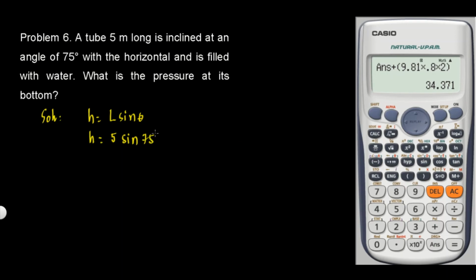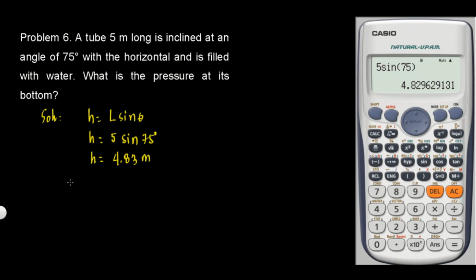So H is 5 sine of 75, which is 4.83 meters. Then we can now solve for the pressure at its bottom.